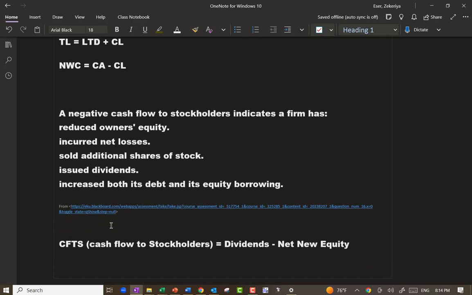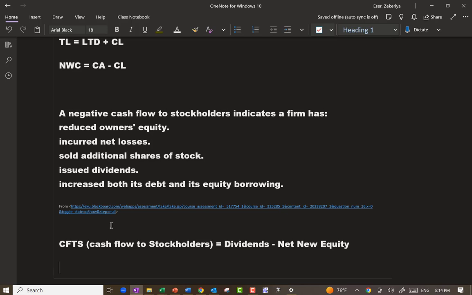So if you issue new shares, that would be positive new equity. If you repurchase, that would be negative new equity. Given this, if this number is negative, that indicates that the firm has reduced owner's equity.